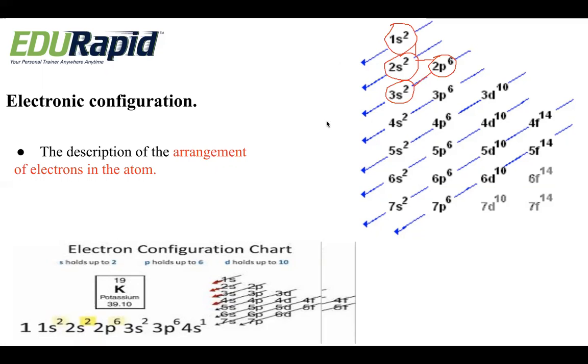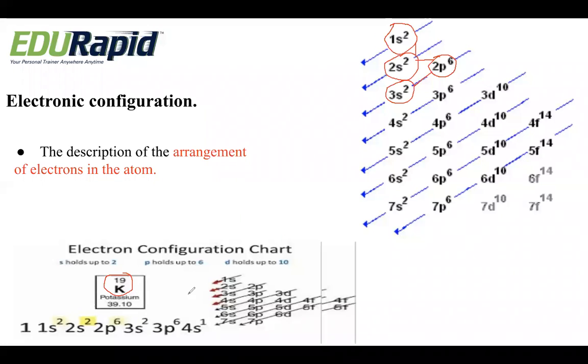We'll see this with the help of an example. Down below, in the electronic configuration chart, I have an example for you to understand better. That is potassium. You can see K19. It is the element potassium, which has atomic number 19. Let us see how the 19 electrons will fill the shells of a potassium atom.